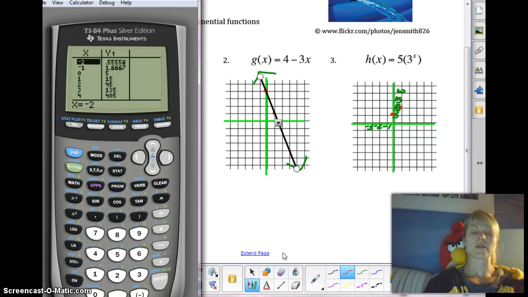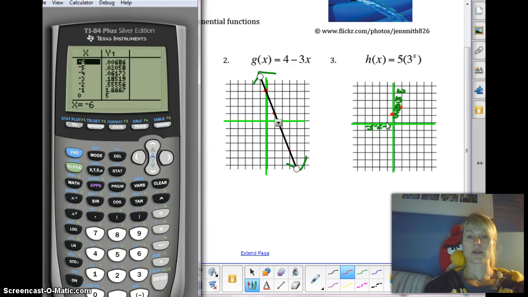The next one's 45. And then you can see if you go up, our negative exponents, see the negative 1 is about 1.5. So here we have negative 1, and we say it's about 1.5. So maybe right about there.